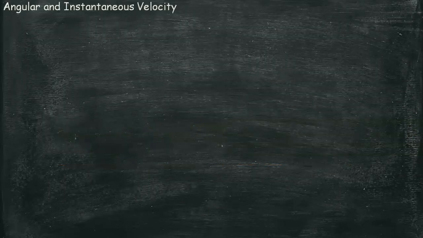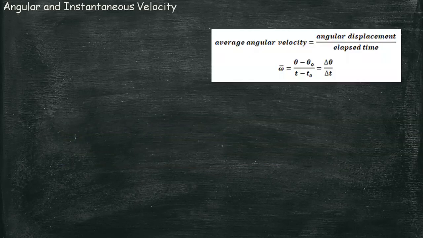The average angular velocity is defined as angular displacement divided by the elapsed time.